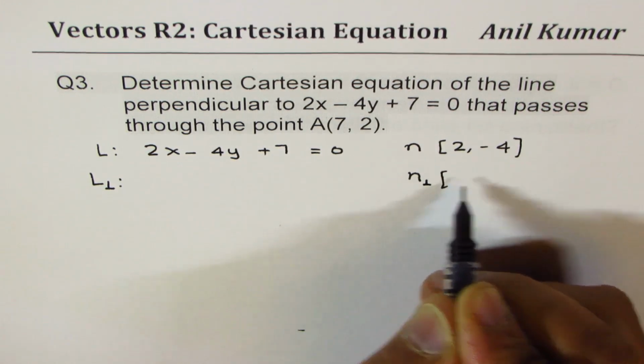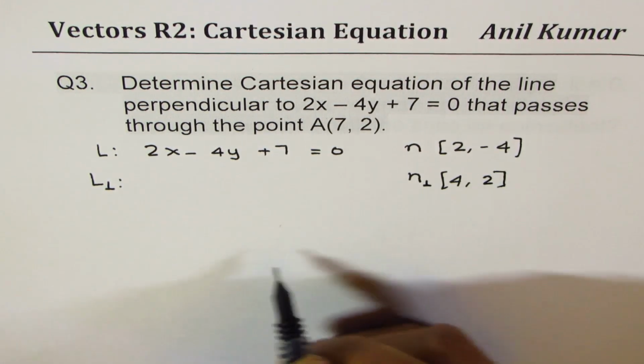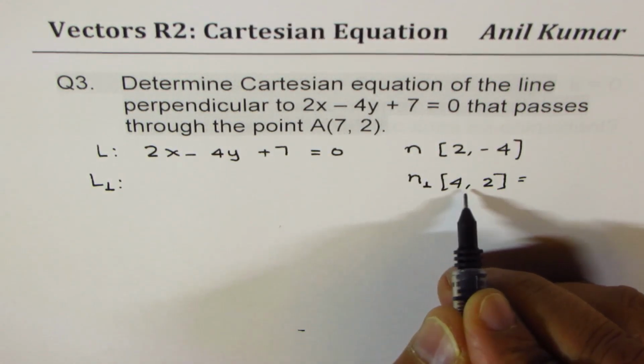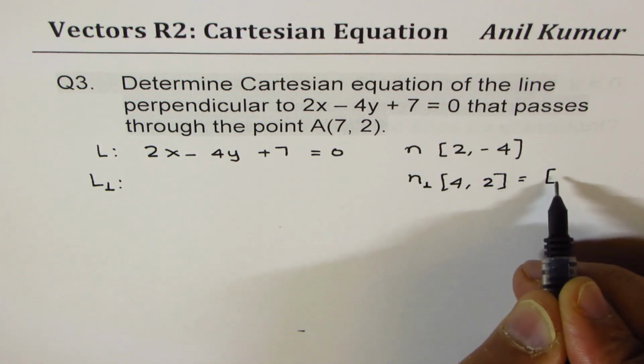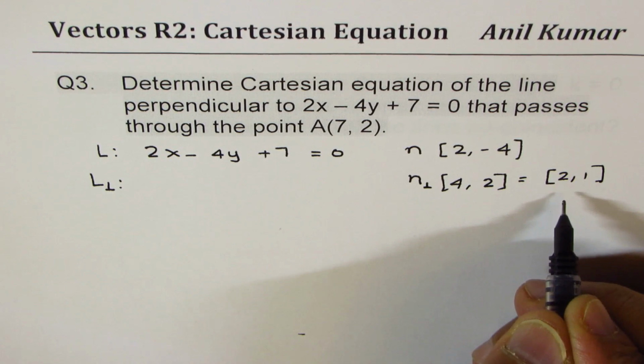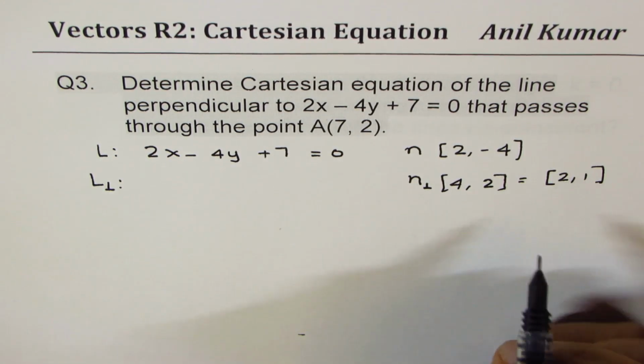We have to switch, and change one of the signs. So (4, 2), correct? Now here, it is better practice to take out a factor of 2, and this is the same as (2, 1), correct? Both are the same vectors, (4, 2) and (2, 1). So we'll use (2, 1) in our case.